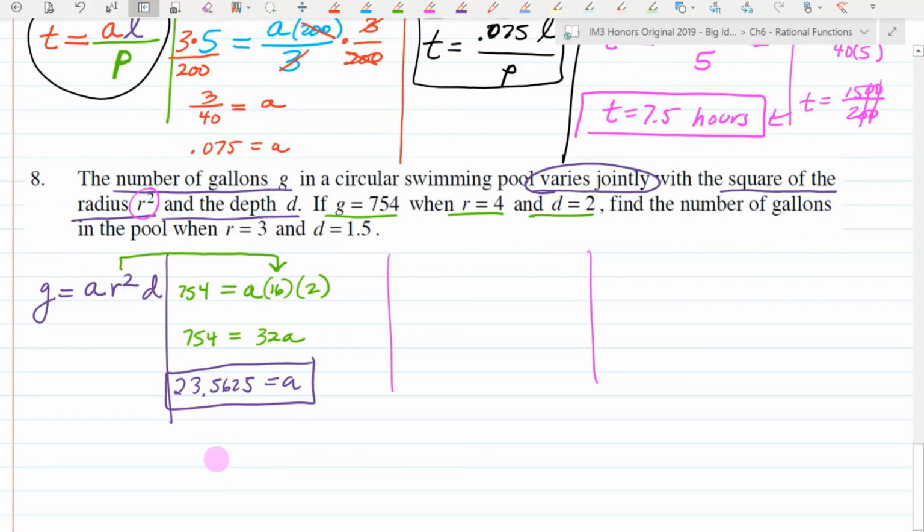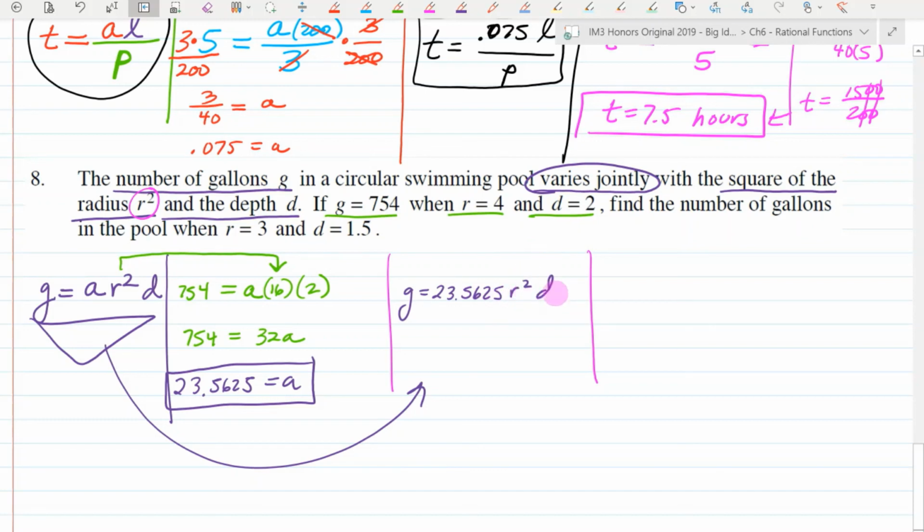So now we're going to use this formula here with A plugged in. G is equal to 23.5625 times R squared D. That's your formula. And then the last part, find the number of gallons in the pool.